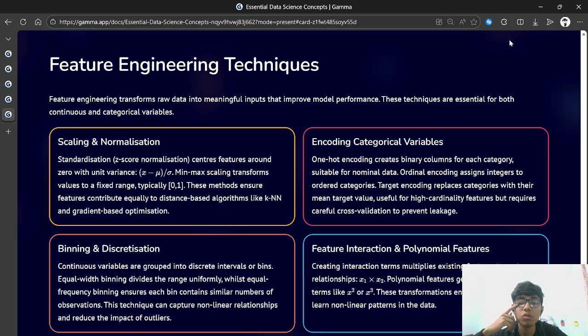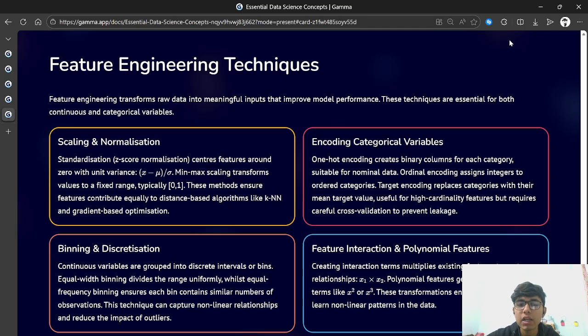One technique for continuous variables is normalization or standardization. These techniques rescale the data. Normalization typically maps the values between 0 and 1. Standardization, in contrast, recenters the data to have zero mean and unit variance.